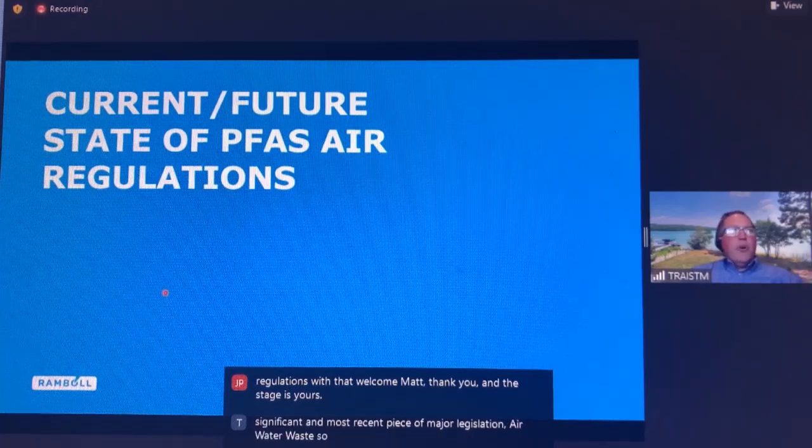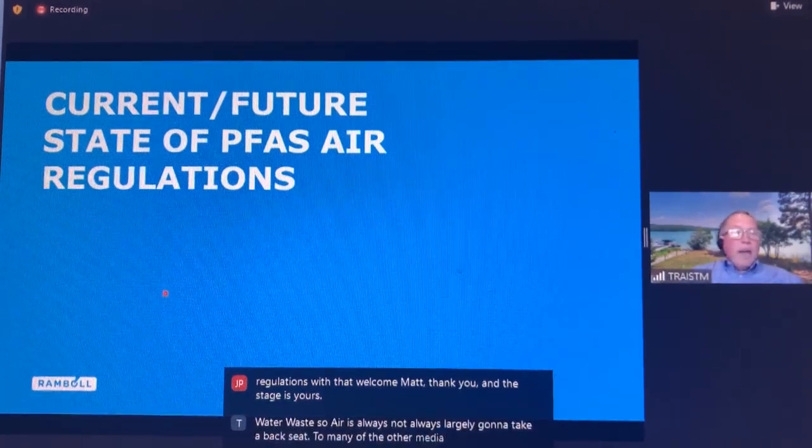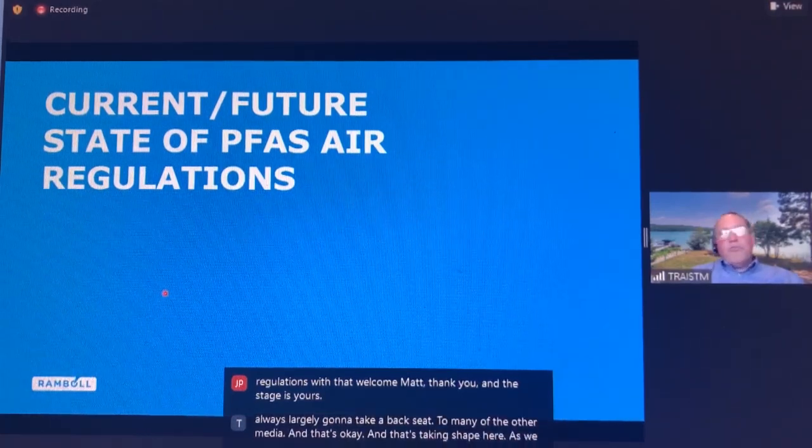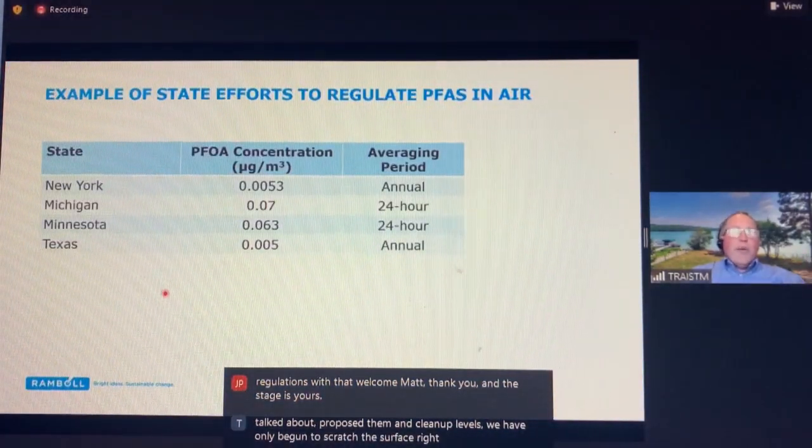So air is largely going to take a back seat to many of the other media, and that's okay. And that's taking shape here as we talk about proposed MCLs and cleanup levels. We have only begun to scratch the surface, right, of air quality regulations.